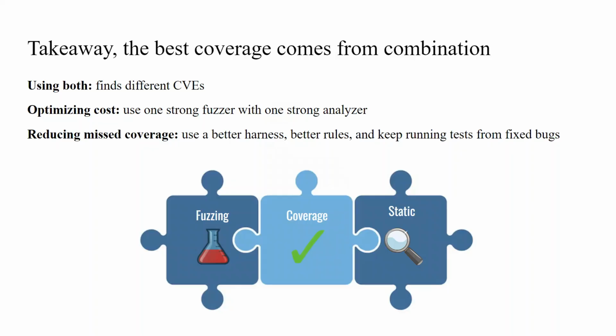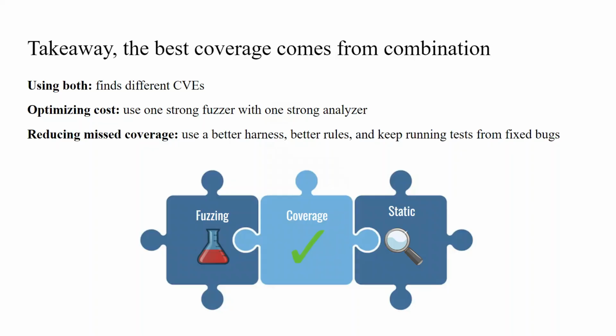So the takeaway here, again, use both. They both find different vulnerabilities. They both have different pros and cons. But if you just use one strong fuzzer and one strong analyzer, typically you're going to be covering most stuff. And while there is still typically stuff you're going to be missing even when you use both, you're going to have to refactor.